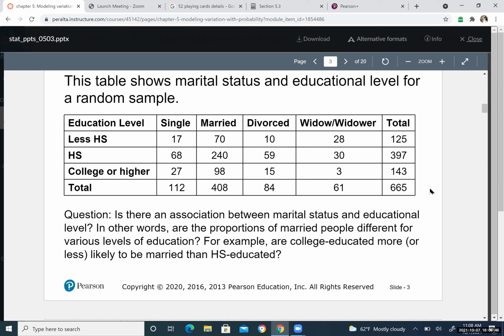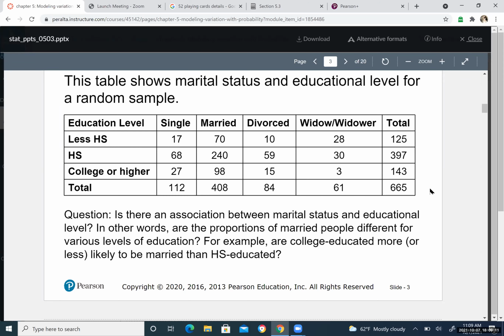So let's see the question that the textbook is asking us. Is there an association between marital status and educational level? In order to answer this question, you have to find probability to see how large or how small it is.